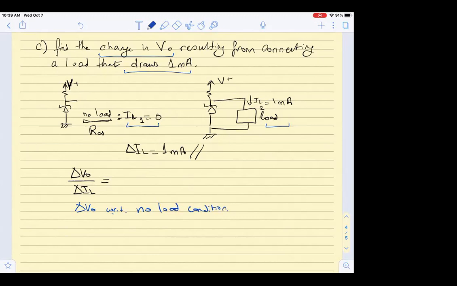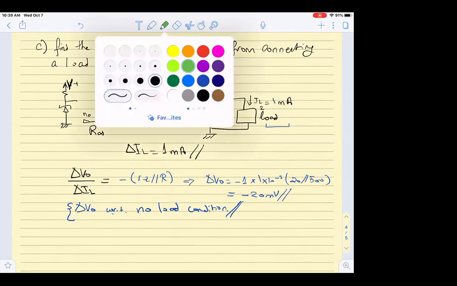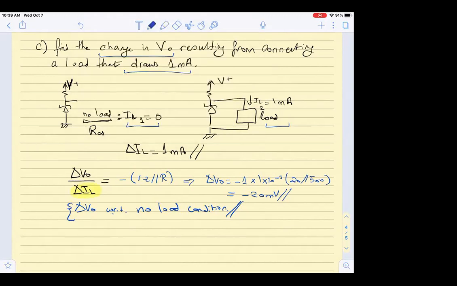We found that delta VO over delta IL equals minus RZ parallel to R. If I plug them in, delta VO equals minus 1 times 10 to the minus 3 times 20 parallel to 500, which are the resistors. This gives delta VO equal to minus 20 millivolts, with respect to the no load condition.